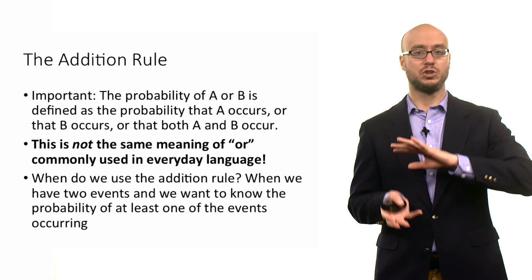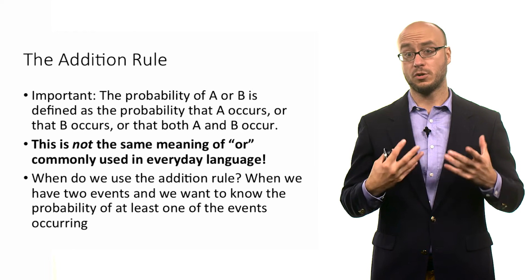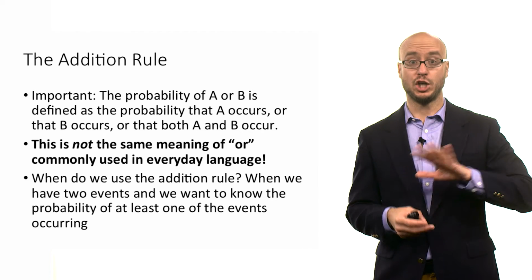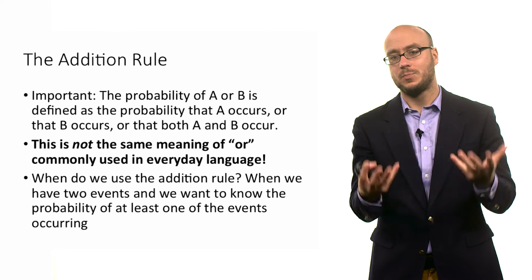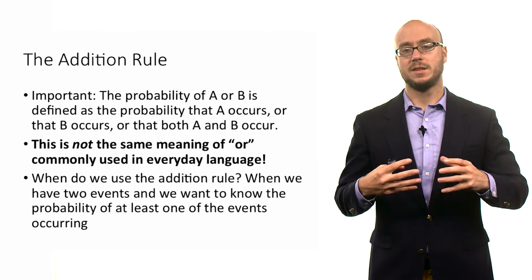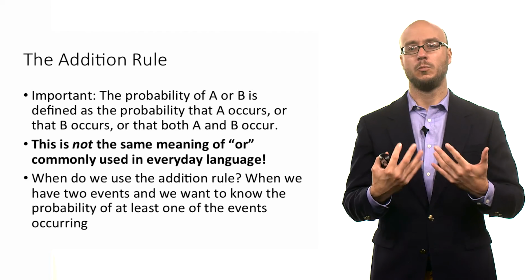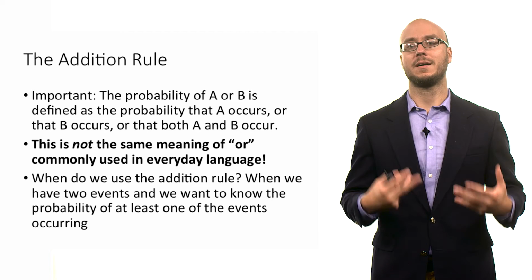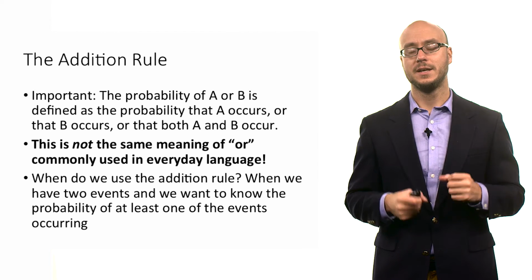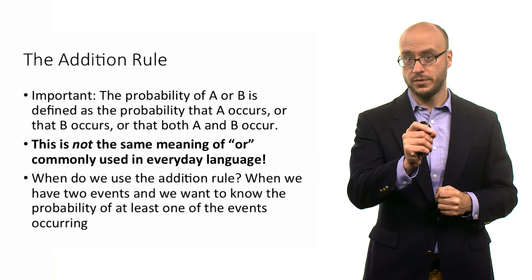Implicit in that is that you're doing one or the other. When we talk about or in the language of logic or probability, we're saying you can go to the gym, you can go to the grocery store, or you could do both. People don't use or that way, but because probability is derived from logic, we use or based on the rules of logic. So when you hear or in the context of probabilities, it means A, B, or both.